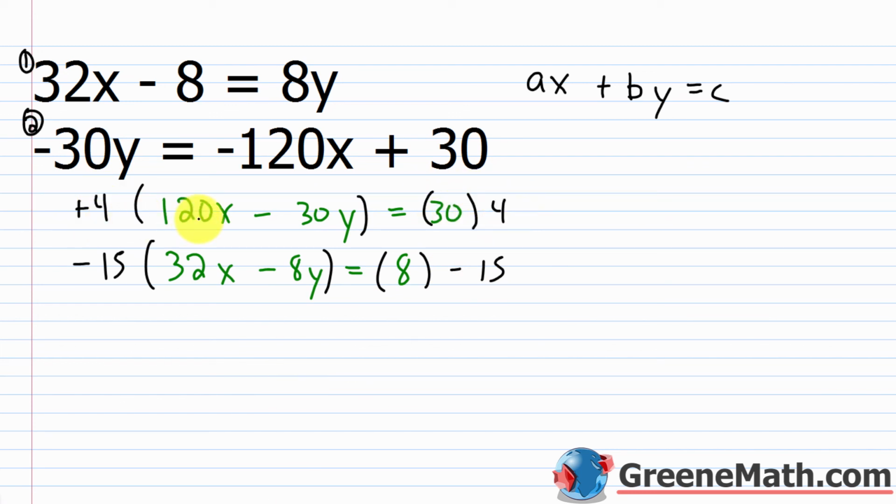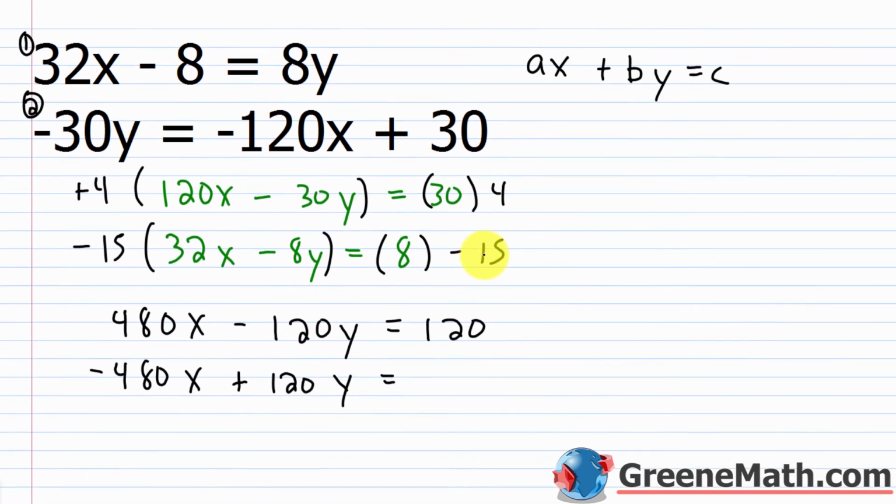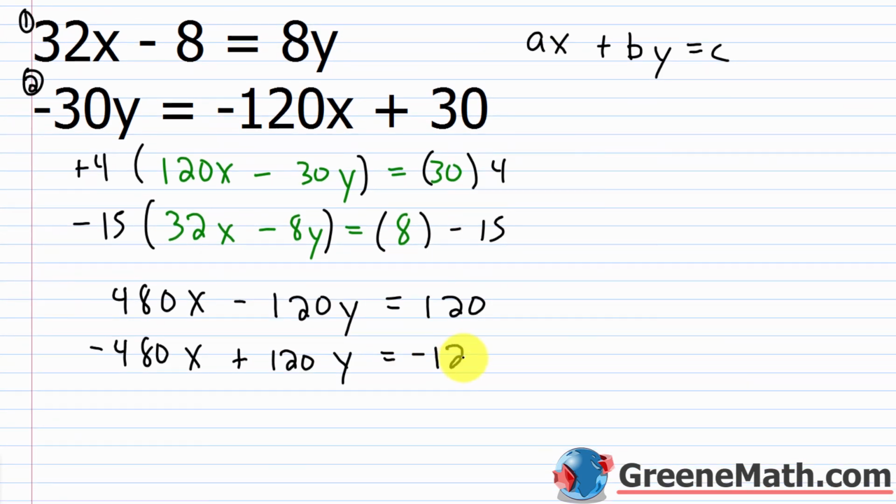So 4 times 120x is 480x. 4 times negative 30y is minus 120y. 4 times 30 is 120. For this guy, negative 15 times 32 is negative 480. Then, of course, times x. Negative 15 times negative 8 is positive 120, then times y. And this equals 8 times negative 15, which is negative 120.